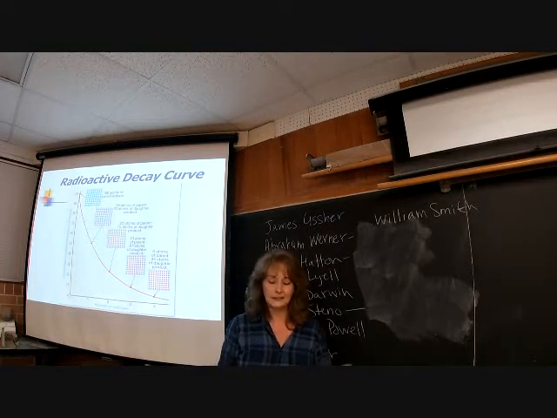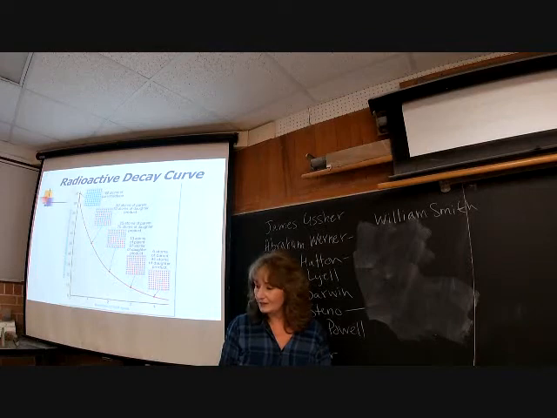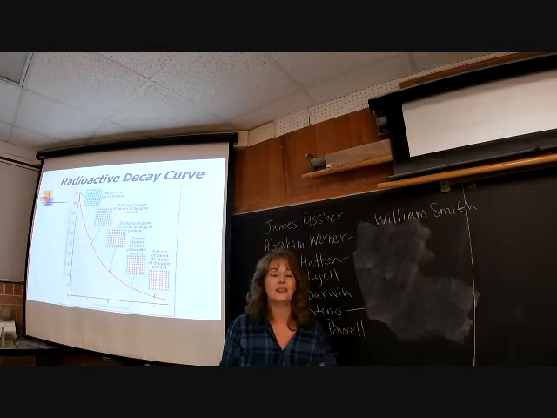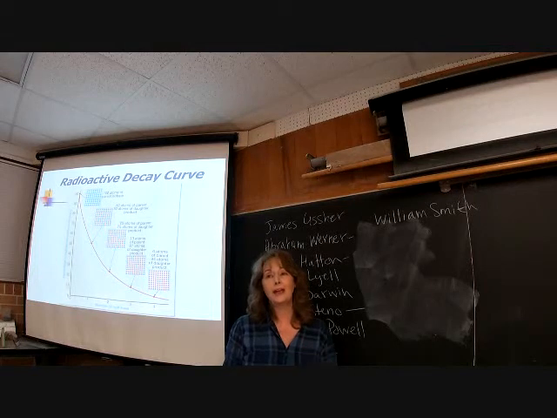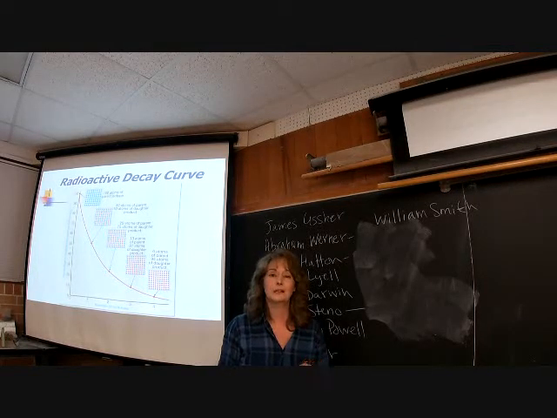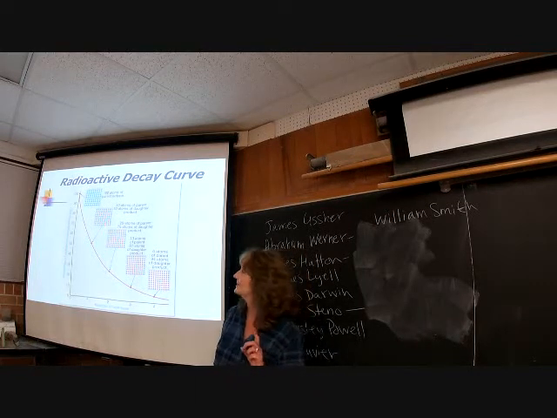So let's say we have a radioactive isotope and its half-life is 10,000 years. That's the number of years in one half-life. And when they analyzed it, they noticed that they had only 25% of the radioactive isotope. Only 25%.